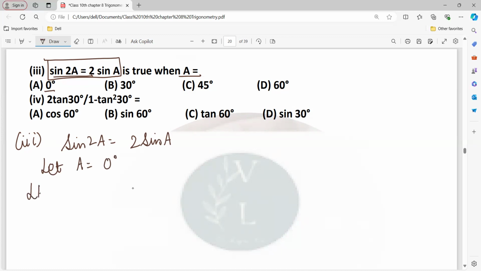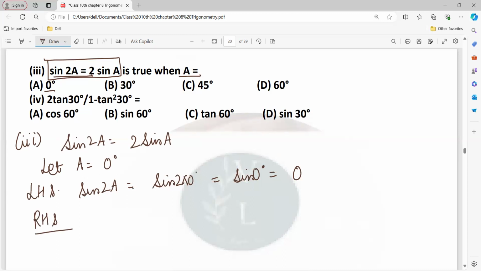If I substitute in the left hand side, we'll get sine 2A, which is equal to sine 2 times 0. 2 times 0 is 0. So sine 0. Sine 0 is 0, right? So for the first one, we got the answer as 0. In the same way, let's solve for the right hand side. We have in the right hand side 2 times sine A, and the value of A we have is 0 degrees.